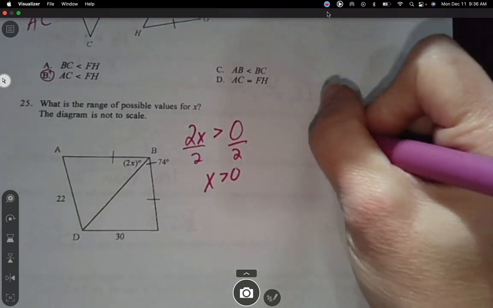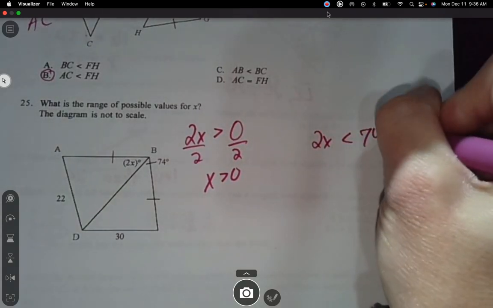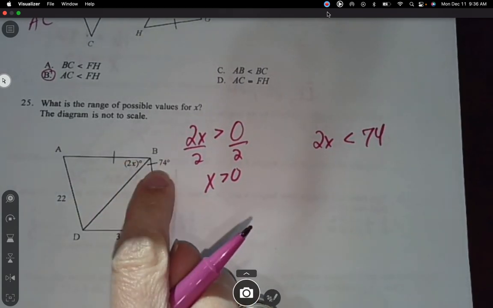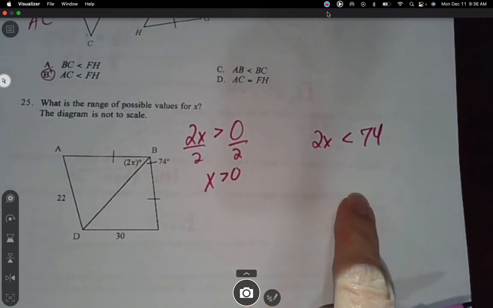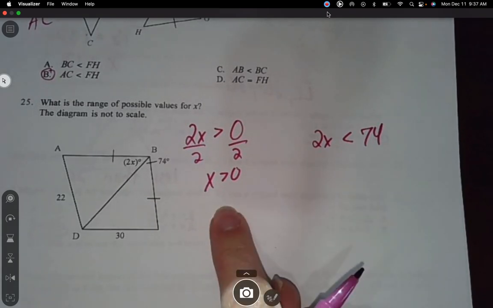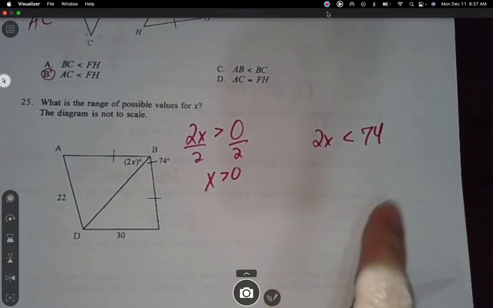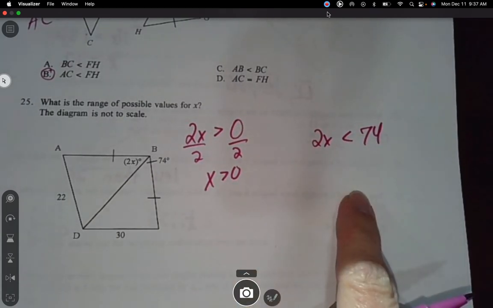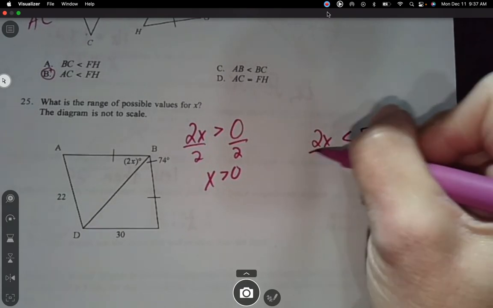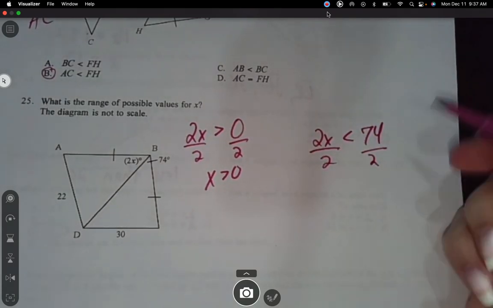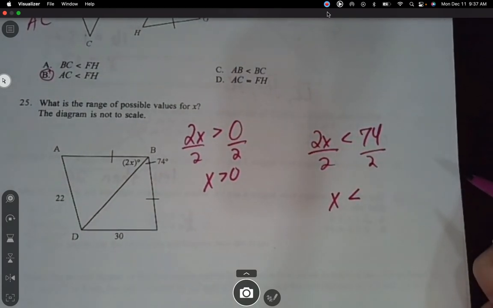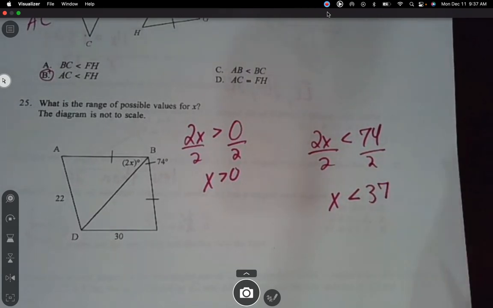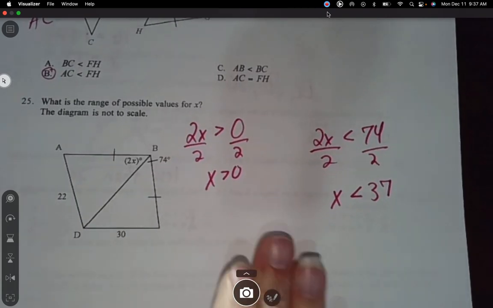Smaller, because 22 is smaller than 30. 2x is smaller than 74. Remember when it's asking for a range, it's asking for what it has to be bigger than and what it has to be smaller than. Divide by 2. What's 74 divided by 2? 37. So x is between 0 and 37.